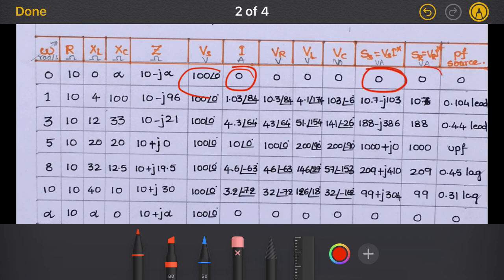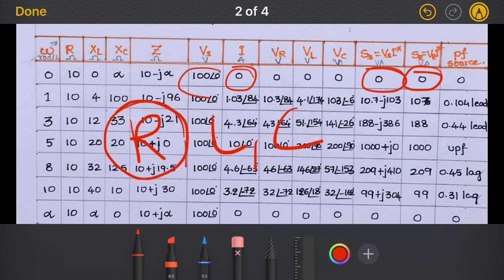ampere. Similarly, power absorbed by the resistor, here we are calculating the active power parameter. So we know among these R, L and C, whatever power is supplied by the supply, the active power supplied by the supply is consumed only by the resistor, and L and C elements are reactive power components.